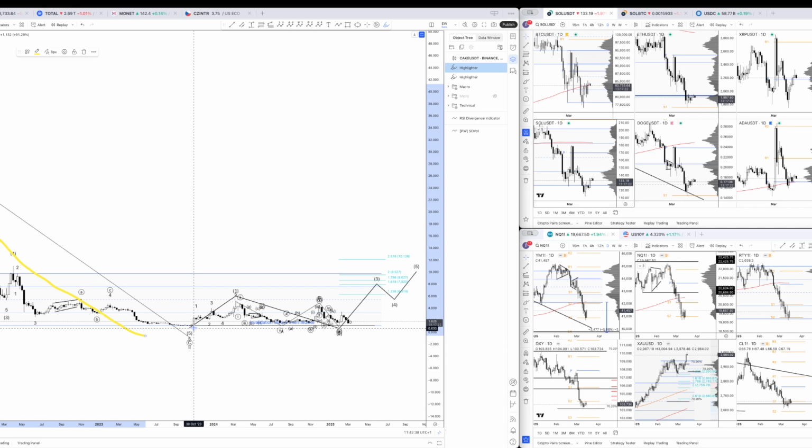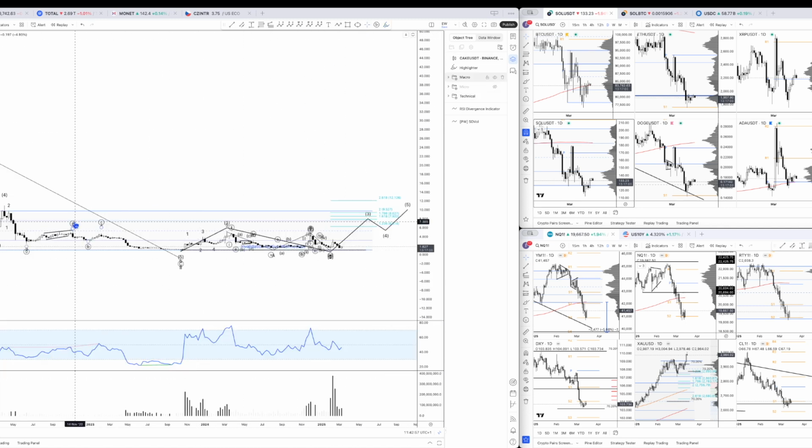The reason I'm getting confident that this was indeed the bottom for this ABC and that price should move to the upside moving forwards is twofold. One is the Elliott wave count. The Elliott wave count is rather clean as for the ABC correction, and also the volume that we had.